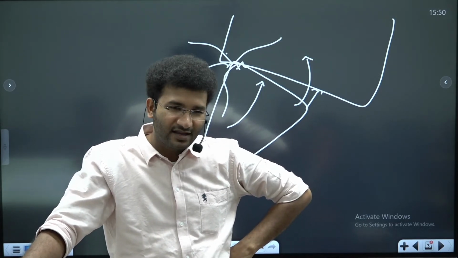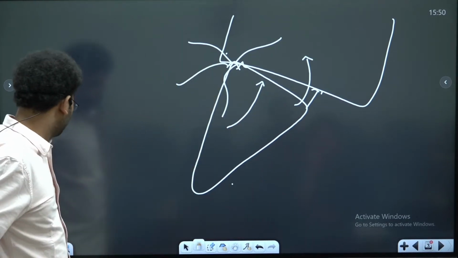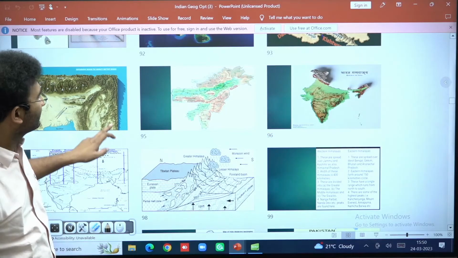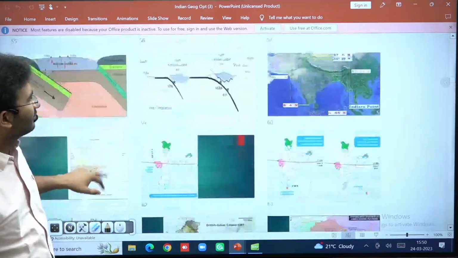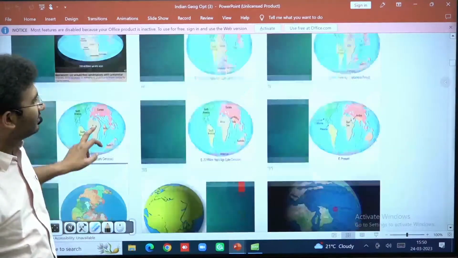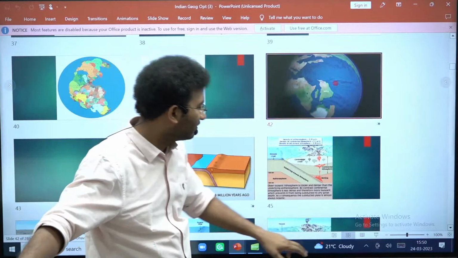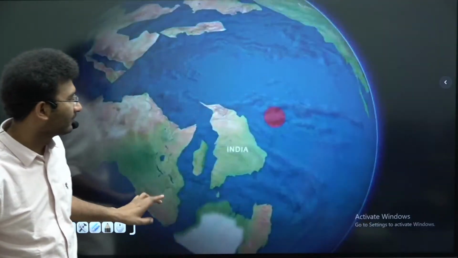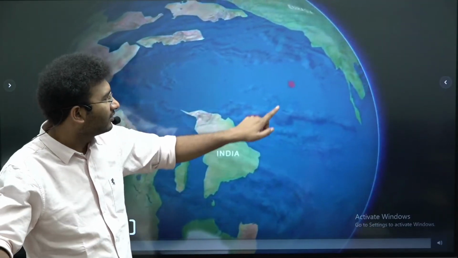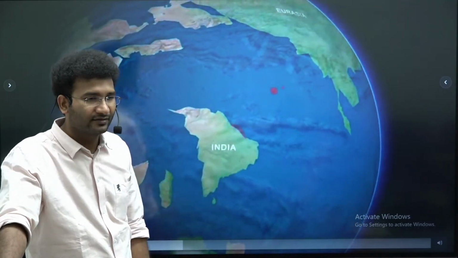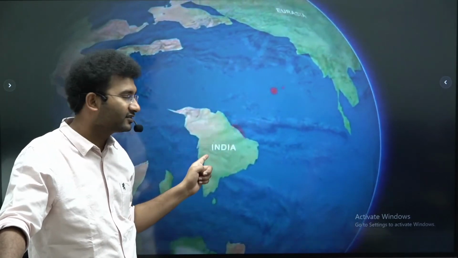लेकिन यहाँ पर, if I show you this small infographic image of how did the Himalayas form, देखो यहाँ पर क्या है? India is moving. ये तो oceanic plate है, ठीक है? This is your ocean, this is your continent.